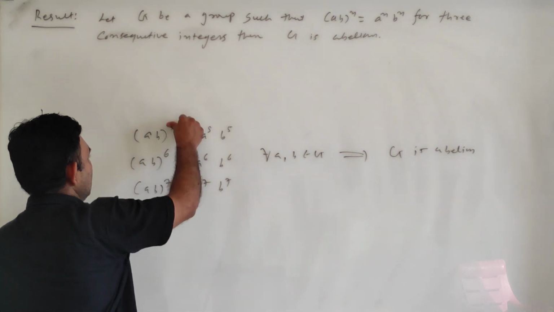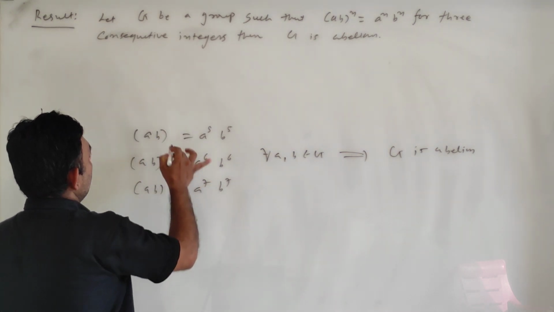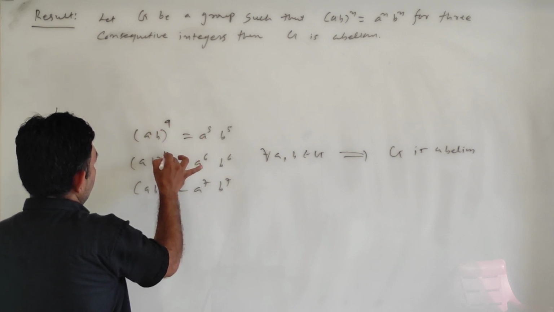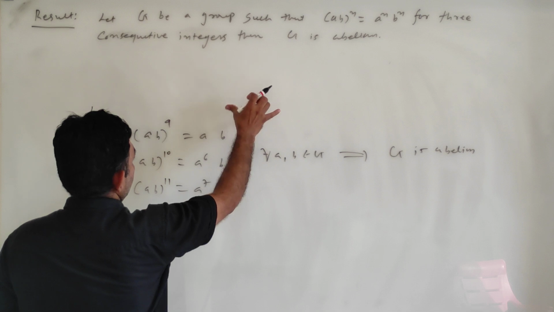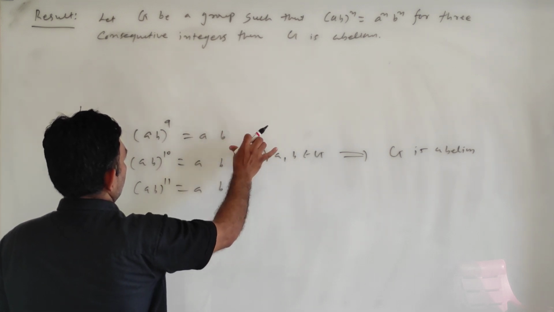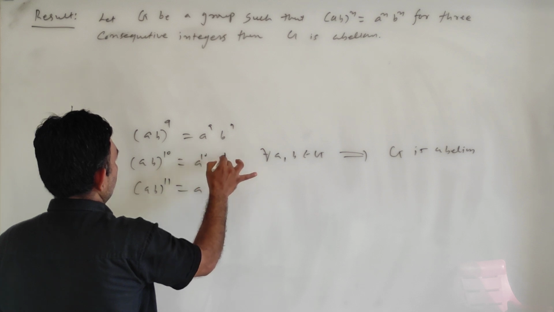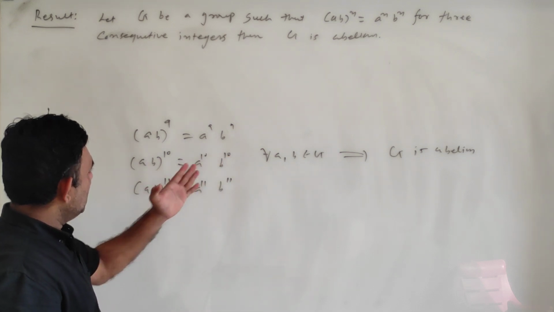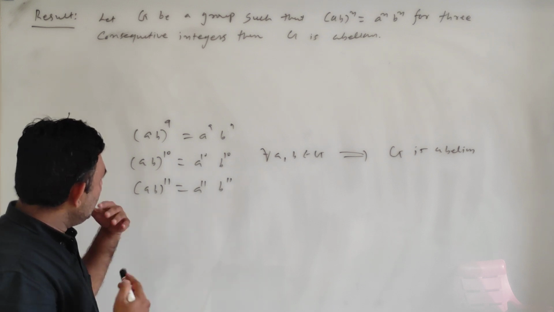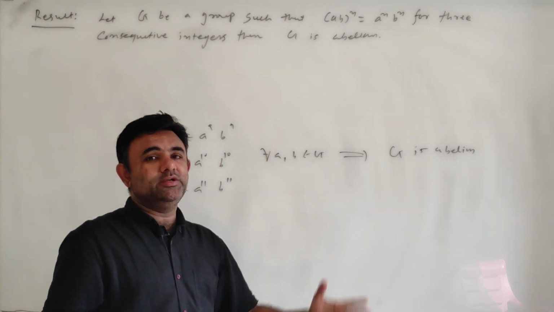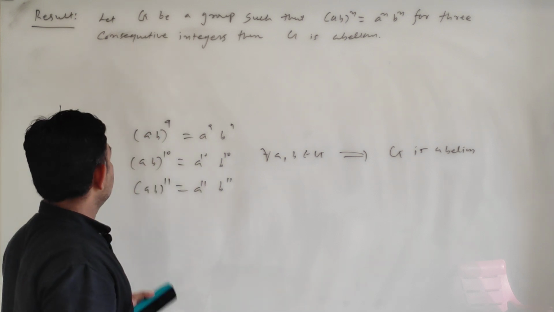See, suppose I consider 9, 10, 11, then here it should be 9 power, here it should be 10 power, and here it should be 11 power. Then G is abelian. So for any 3 consecutive integers, if I have this situation, then I can claim that G is abelian. So let us prove this result.